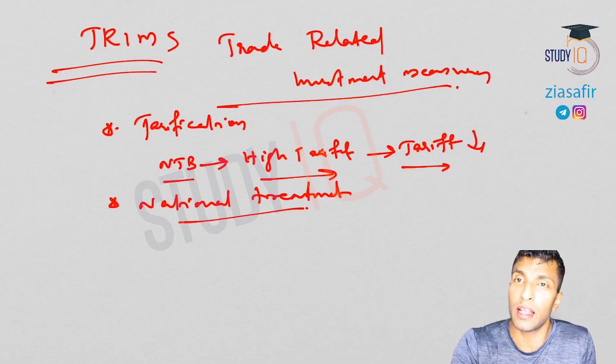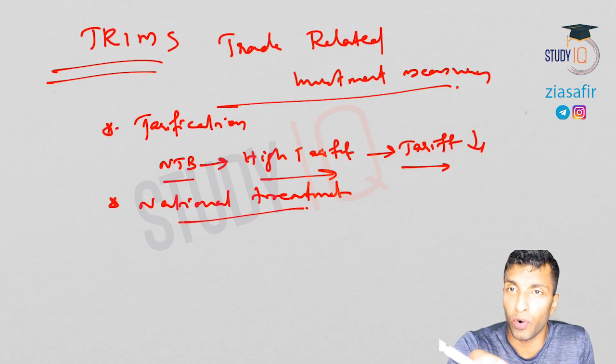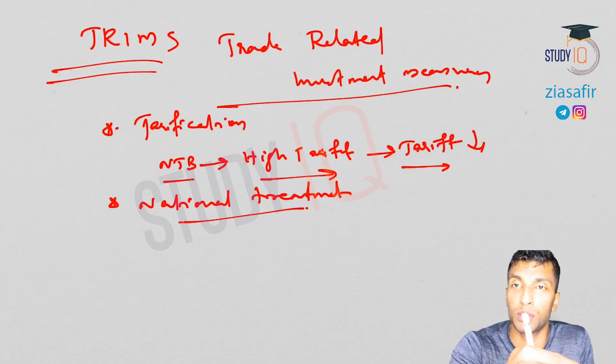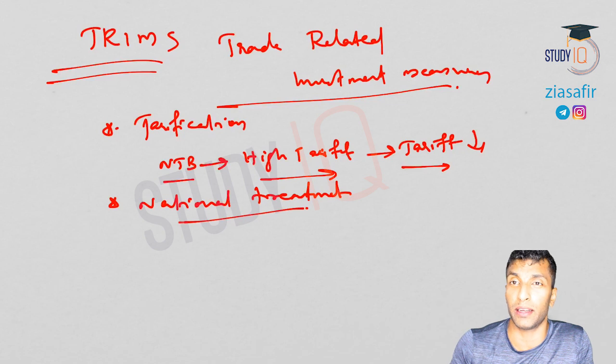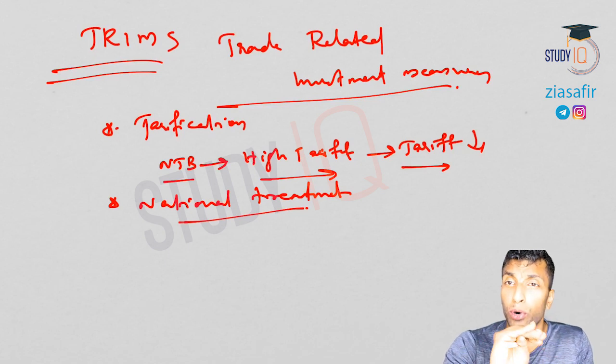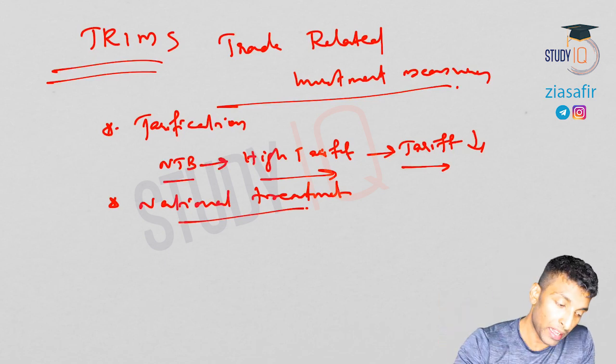But what this is saying is, till the time you are importing, you don't need to treat them so. Once imported and landed in the domestic market, there should not be any difference between the domestic product and the imported product. Both have to be treated equally. That's what you mean by national treatment.